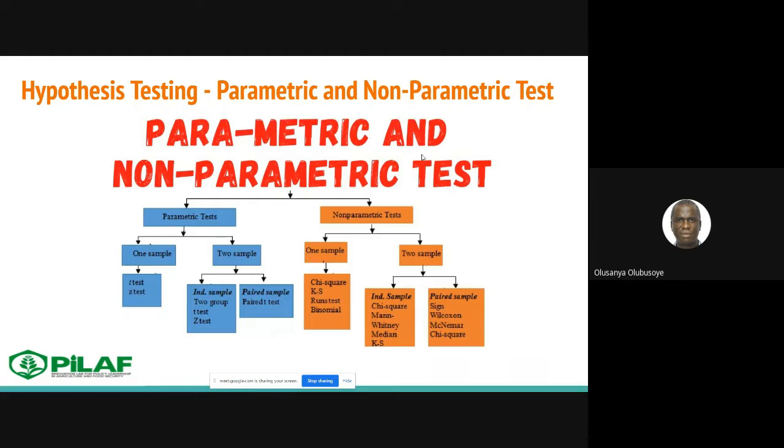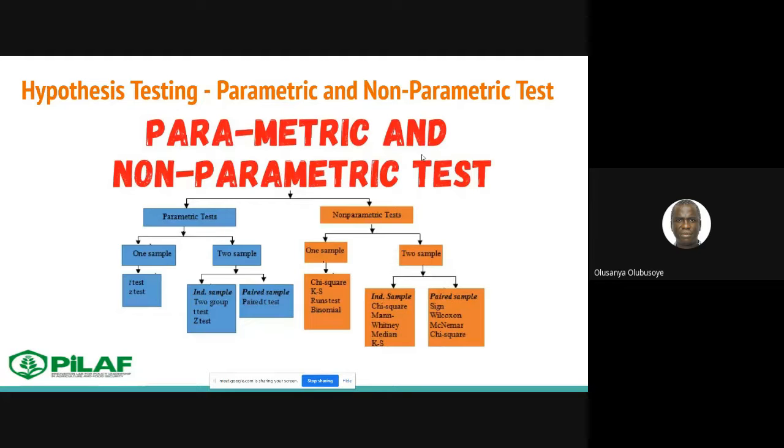So whether parametric or non-parametric, you could deal with one sample and two samples. Of course, the question is, does it mean you cannot have 3, 4, 5, 6 samples? You can have. But for the discussion at hand, our focus will be on 1 or 2 samples.